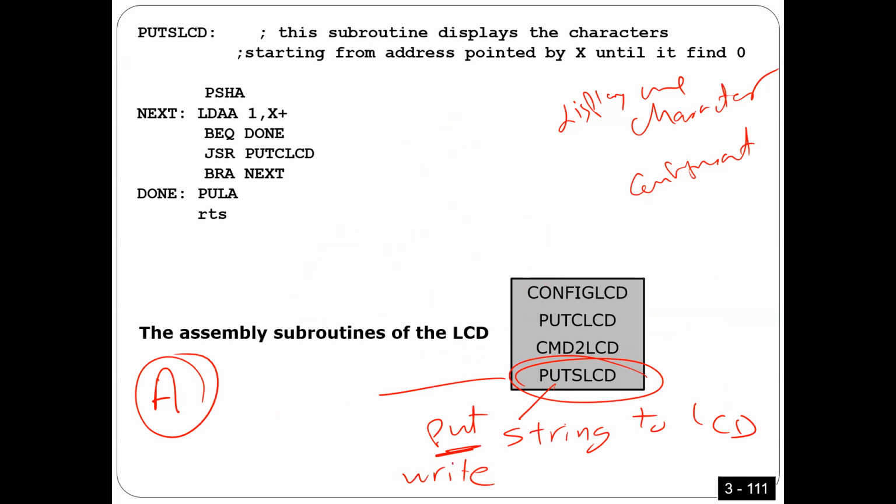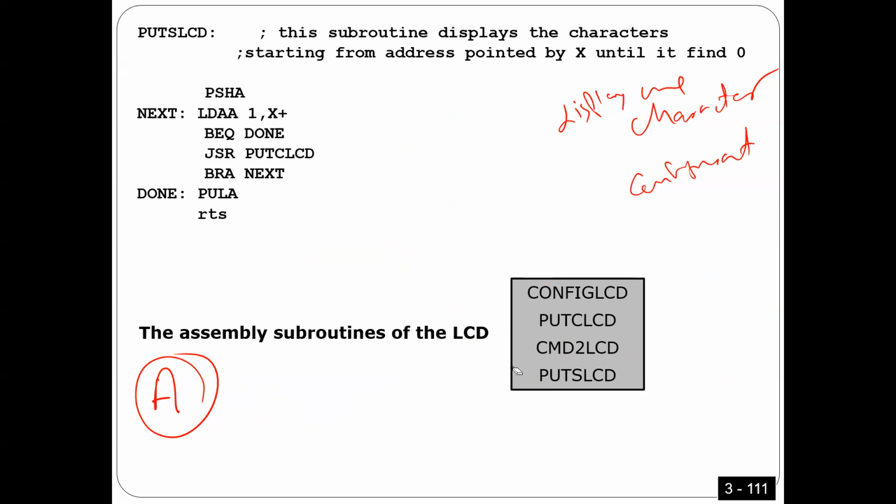Let me summarize them again before I give you details. Number one, here in assembly, I'm going to teach you 4 functions in detail. This one is for configuration; you have to use it only one time in your program. This one is used if you want to display a character, and this character can be a space, by the way. The ASCII of space is 20.